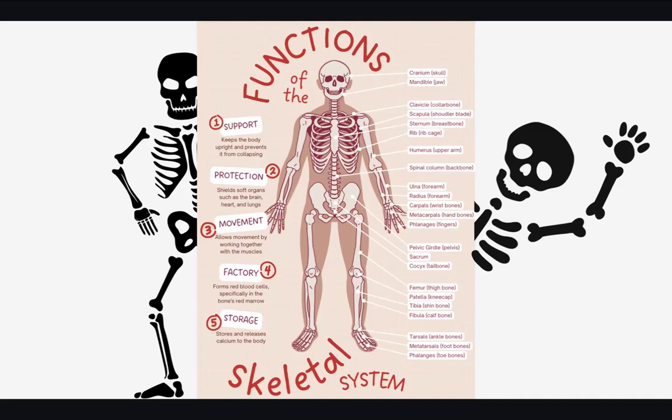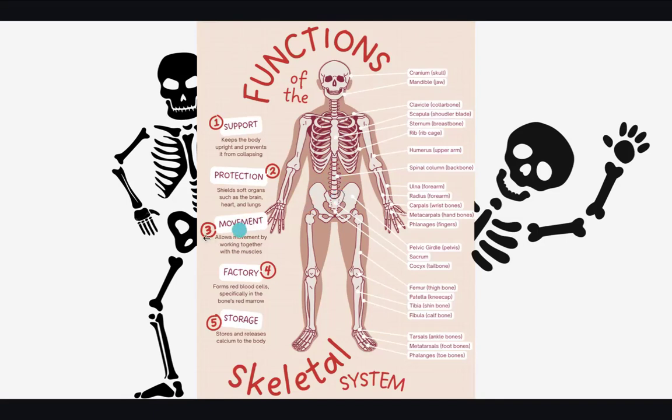For example, the skull or the cranium protects or encases our brain. The ribs protect our lungs and our heart. And then we have our pelvic area, which protects the organs located in the middle part of our body.